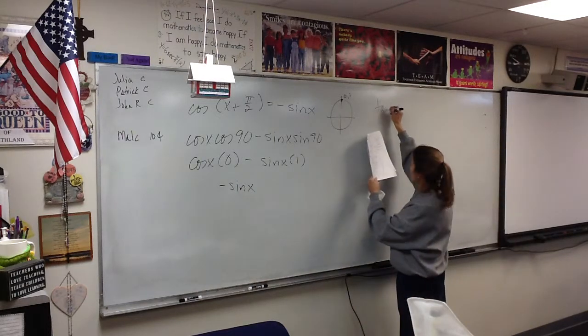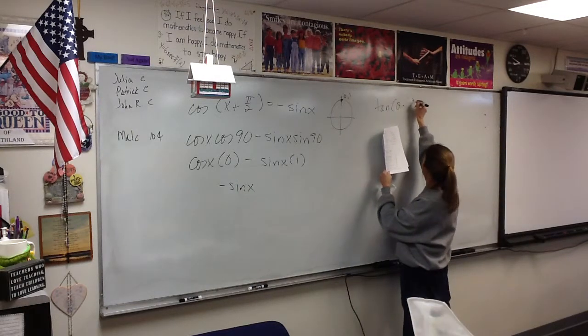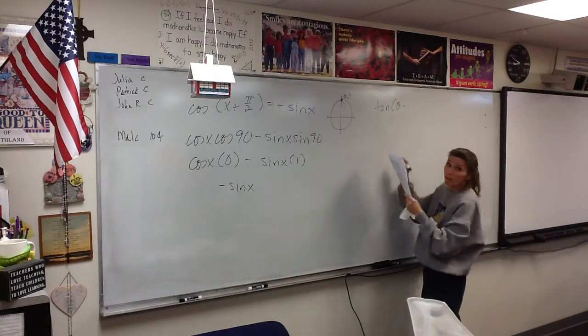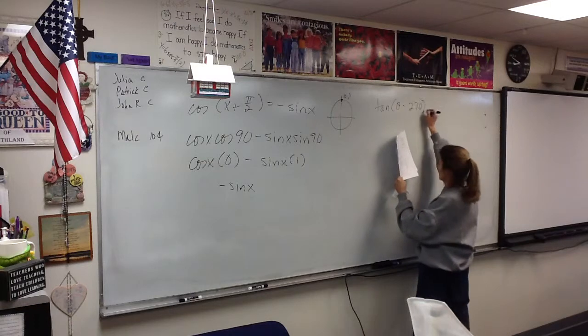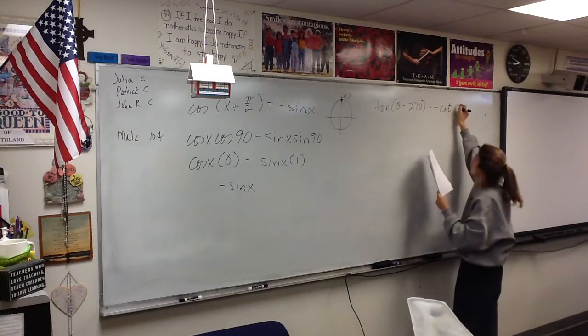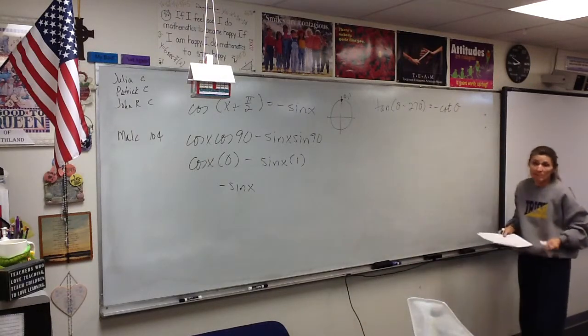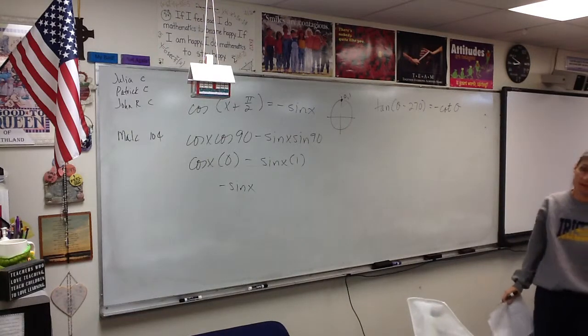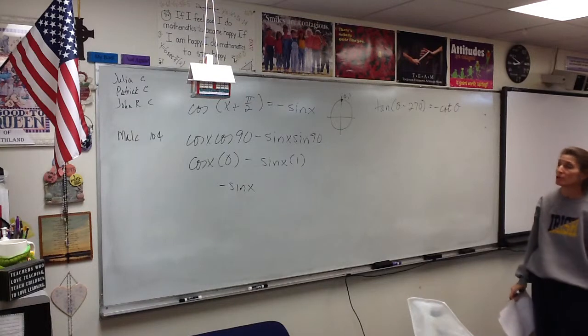Now, I've made a little note here. We talked about this in class. I'm going to go ahead and change that to a 270. 3 pi over 2 is 270. We talked about this in class, that we're not going to be able to use our tangent formula because the tangent of 270 is undefined. There's an asymptote at 3 pi over 2.